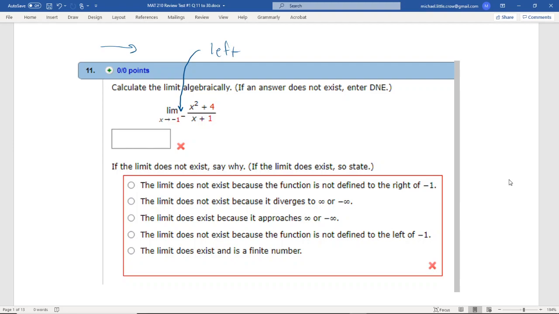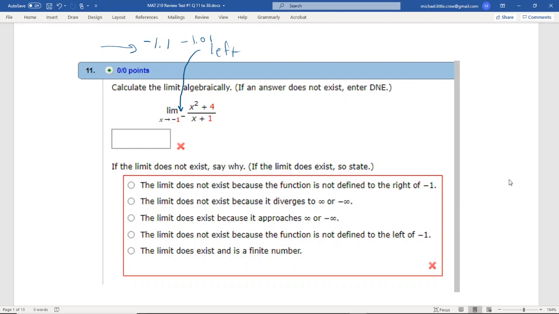So coming from the left, be negative, like just a little more than -1. -1.1 is to the left, -1.01. Coming from the left, we're getting closer and closer to -1 in this way.